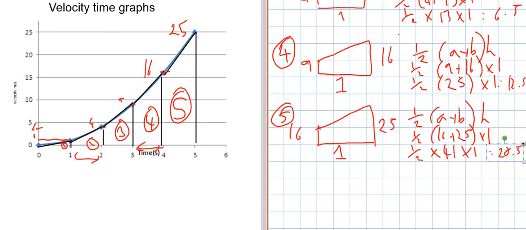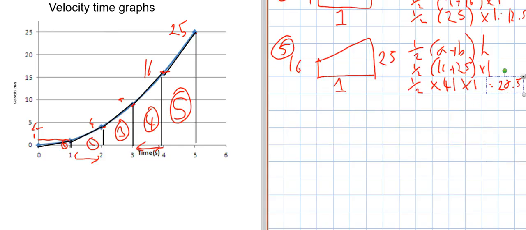Now to work out the total area of the curve, I just need to add all these sections together. So section 1 was 0.5. Section 2 was 2.5. Section 3 was 6.5. Section 4 was 12.5. And section 5 was 20.5.